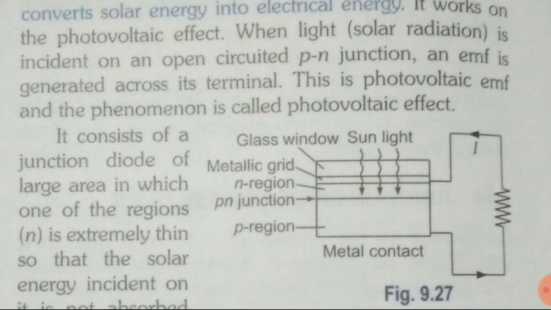In N type semiconductor, electrons are the majority charge carriers, so when light falls on the N side, it emits electrons. Because of the photovoltaic effect, the electrons start moving towards the P side. So there is a flow of electrons, and because of that flow, current starts flowing in the circuit.